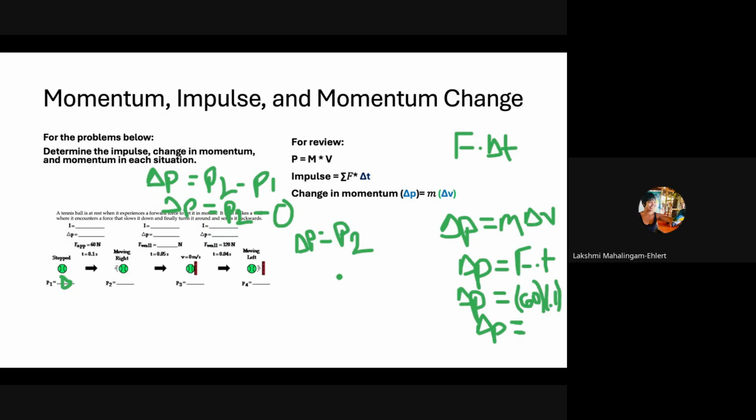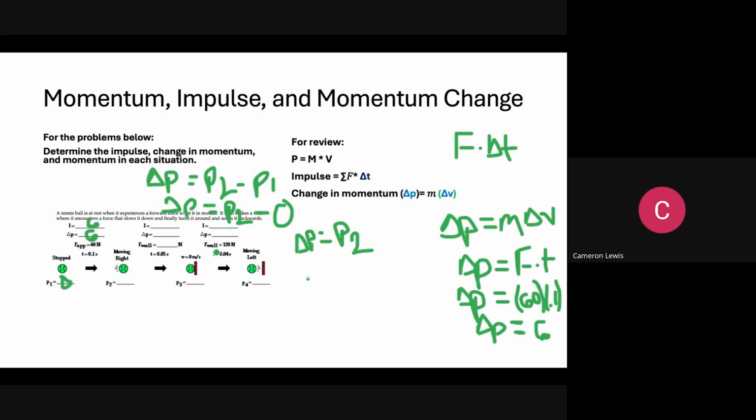It's 6. And we also experience an impulse of 6, the same. So now we know the change in momentum is 6. Let's go back over here. Because the initial momentum was 0, if we find the change in momentum, it will be equal to the final momentum.